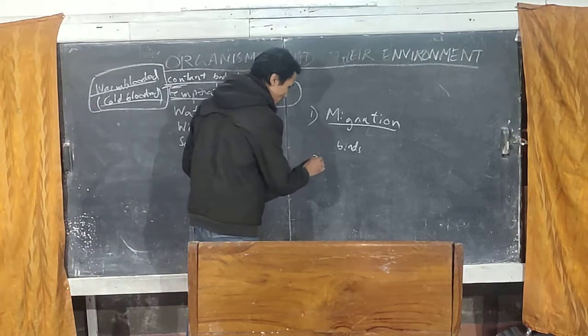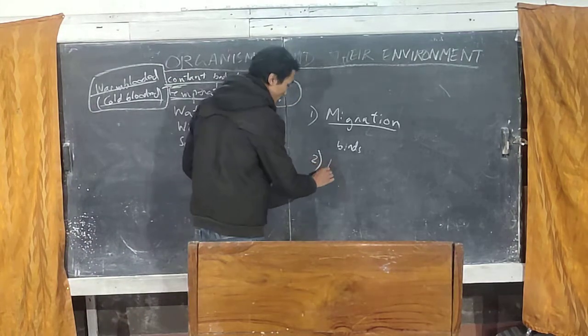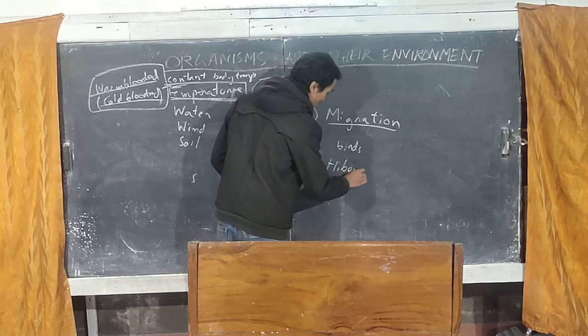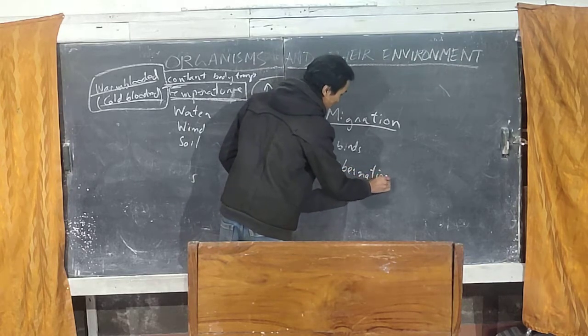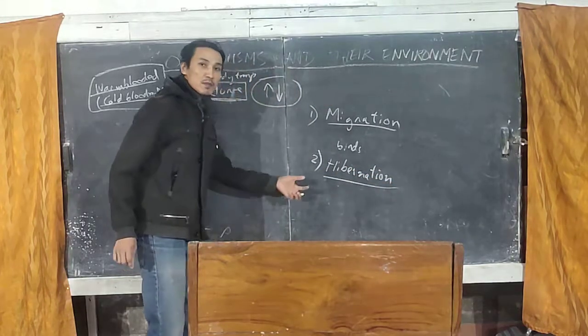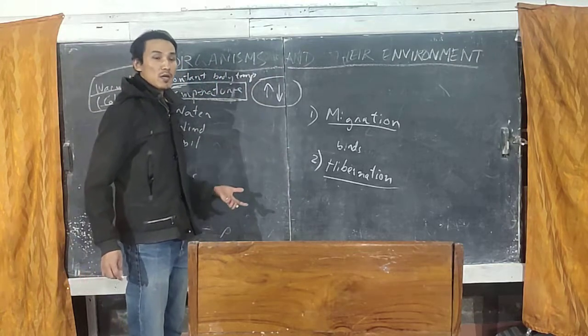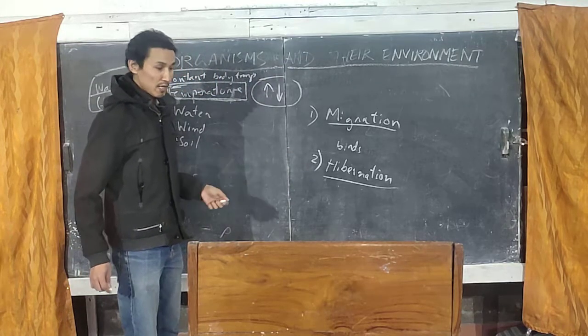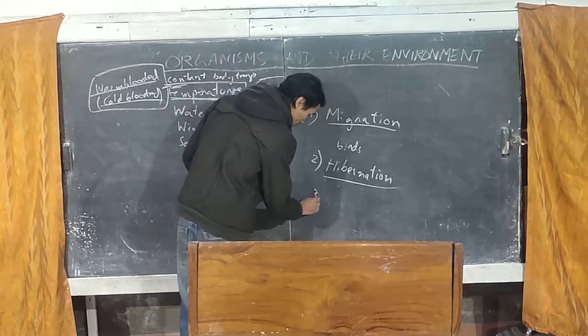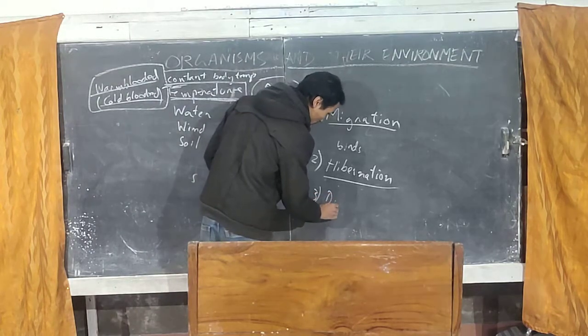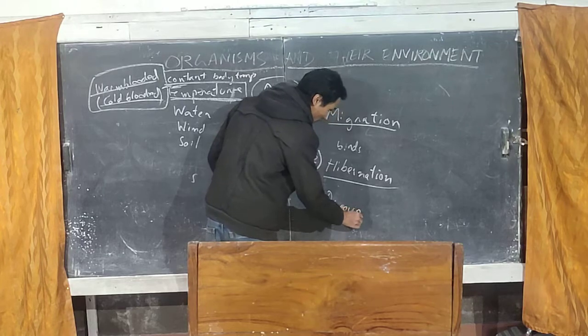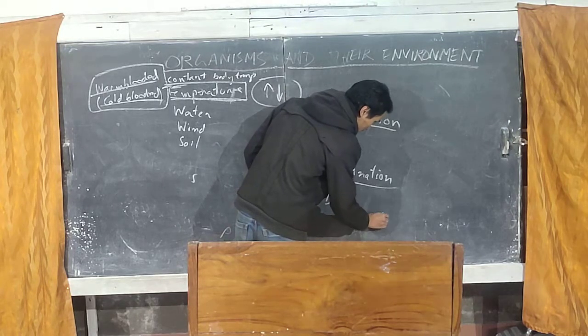Another adaptation, which you have already heard about, is hibernation. Hibernation means animals become inactive during the colder climates. Examples are deer. And then there is diapause or estivation.